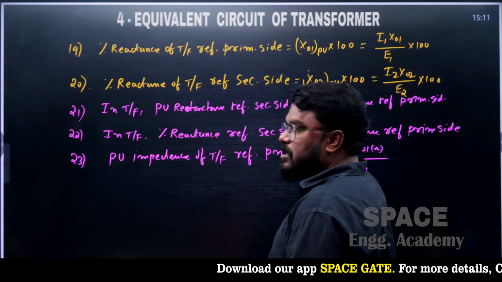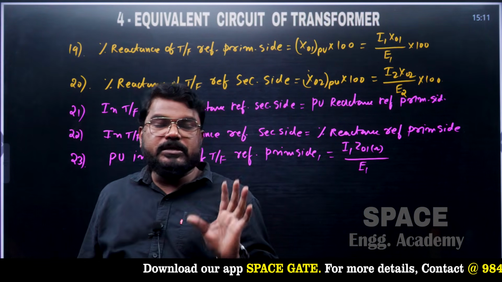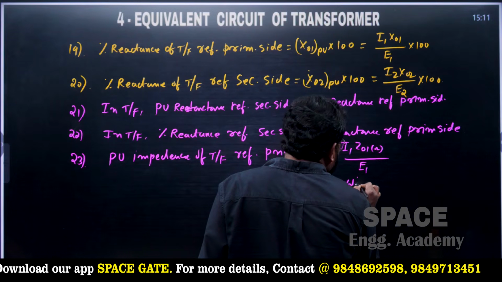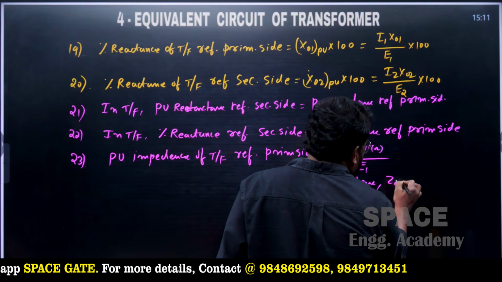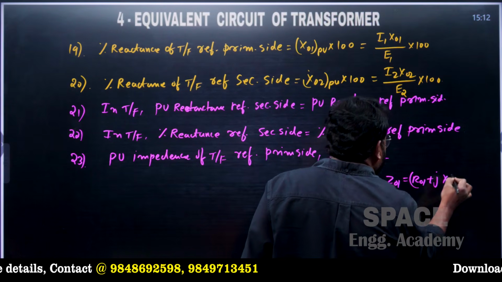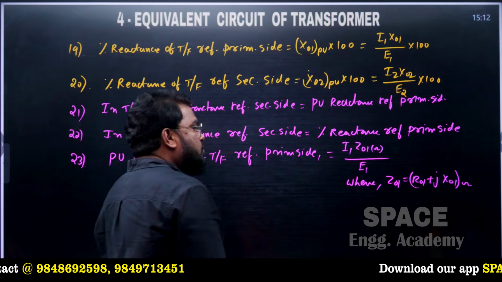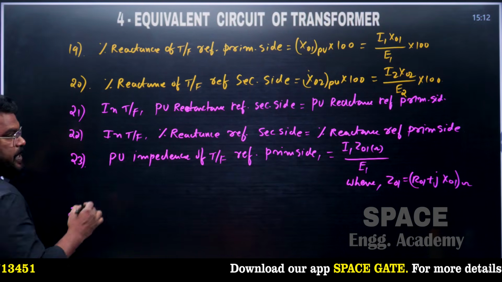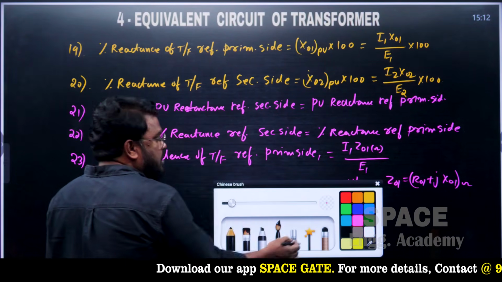This is the per unit impedance of the transformer referred to the primary side, where Z01 is equal to R01 plus jX01 in ohms.